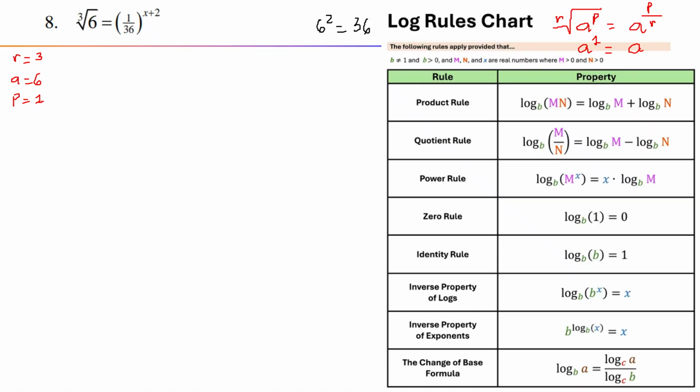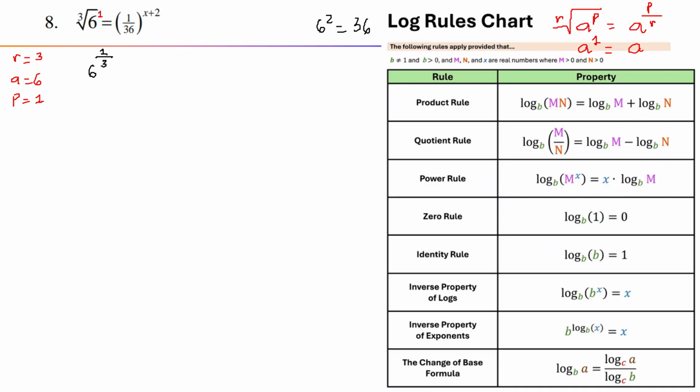So instead of writing 6, I will write 6 to the power of 1. It doesn't change the problem, but I can now distinguish what is a, what is r, what is p. So because of that, I will rewrite this one as 6 to the power of 1 over the root 3.